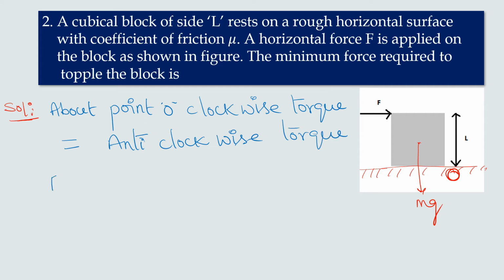So F into L is equals to mg into L by 2.